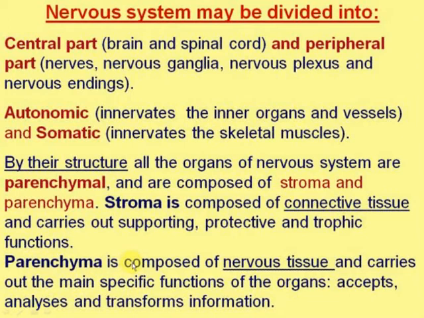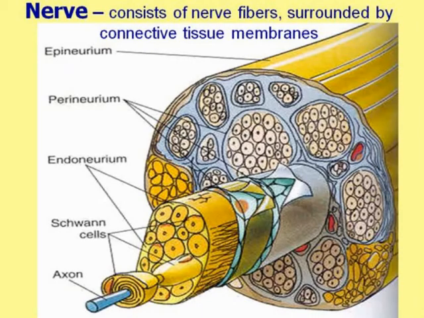Parenchyma is composed of nervous tissue and carries out the main specific functions of the organs, accepts, analyzes, and transforms information. The first organ is peripheral nerve. It's a parenchymal organ. The nerve fibers belong to parenchyma, to the nervous tissue, and connective tissue layers belong to stroma.